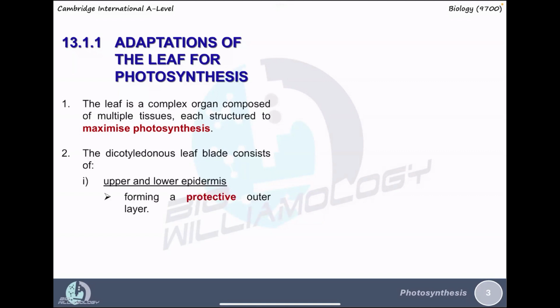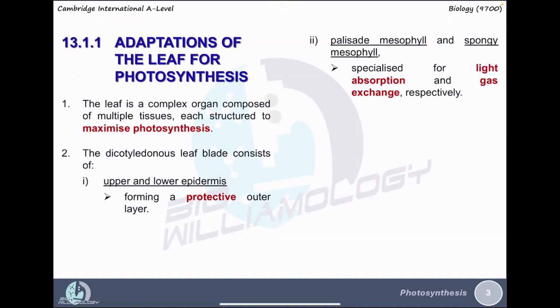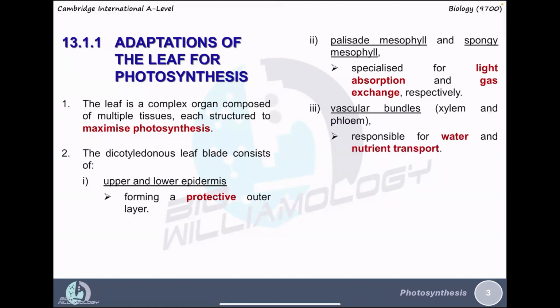Both layers of epidermis form a protective outer layer. Palisade mesophyll and spongy mesophyll are the tissues specialized for light absorption as well as gas exchange. Vascular bundle includes xylem and phloem, which are responsible for water and nutrients transportation.